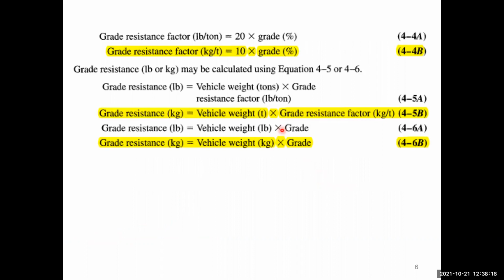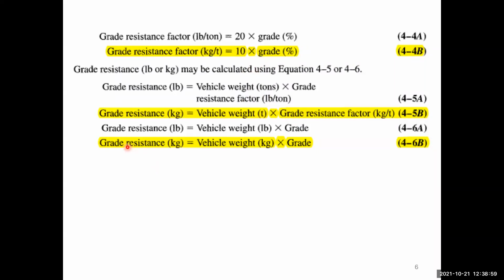Okay, so the grade resistance factor in those situations will be given by 10 times the percentage of the grade. And grade resistance may be calculated using equations 4.5 or 4.6. So the grade resistance in kilograms is equal to the weight of the vehicle multiplied by the grade resistance factor, which will be 10 times the grade in percentage.